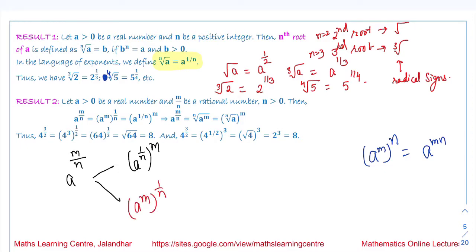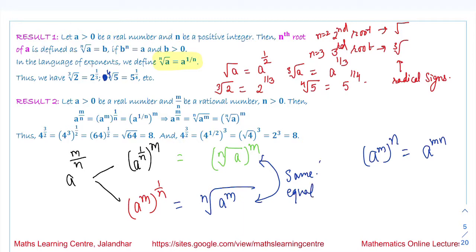Both of these are the same. In the first case the answer is the nth root of a, whole raised to the power m, and in the second case it is the nth root of a raised to the power m. Both these values are equal.